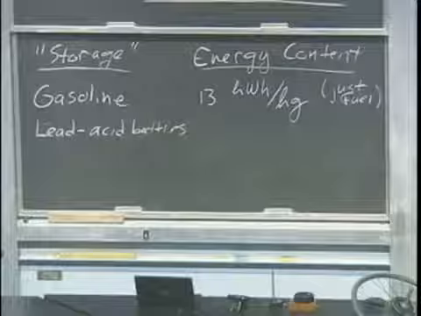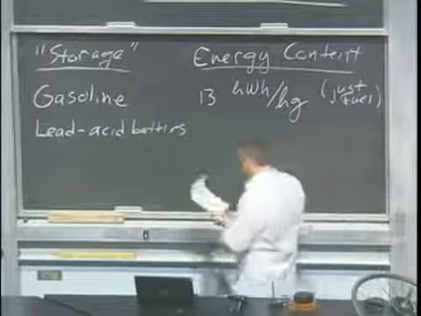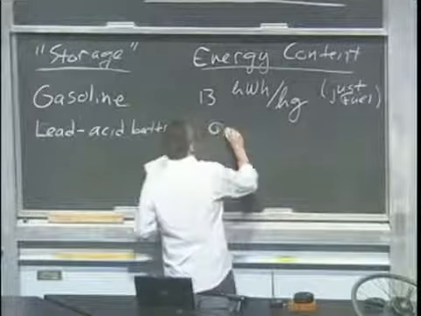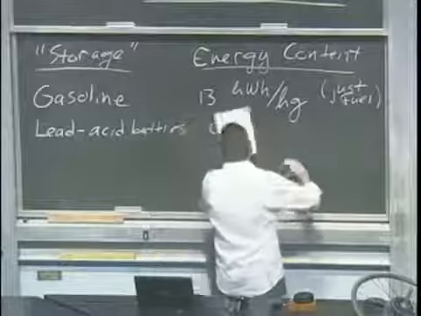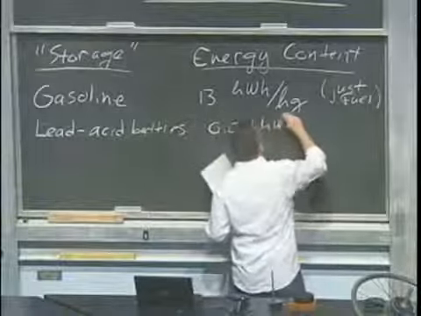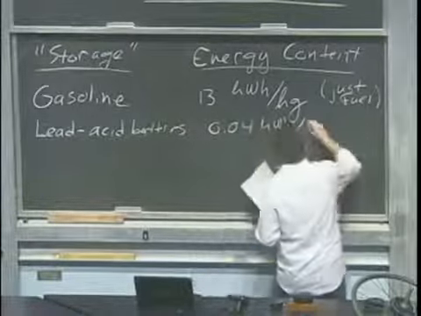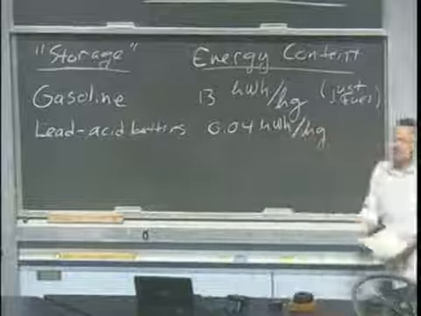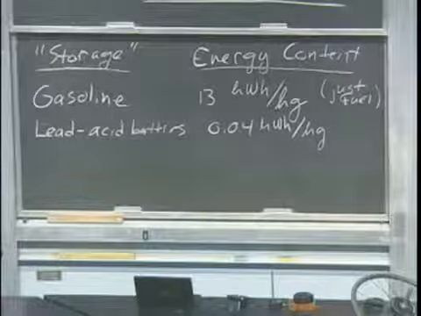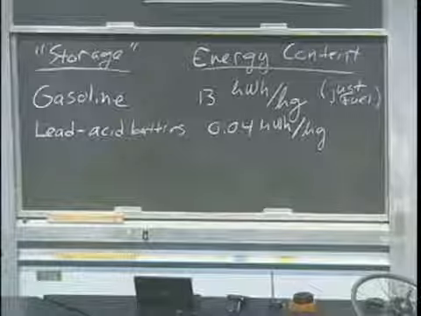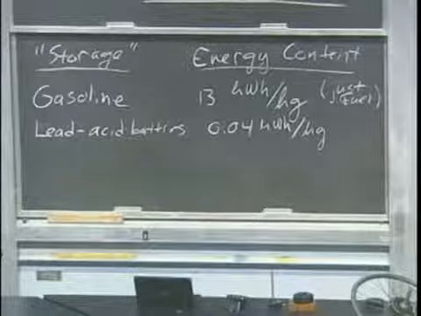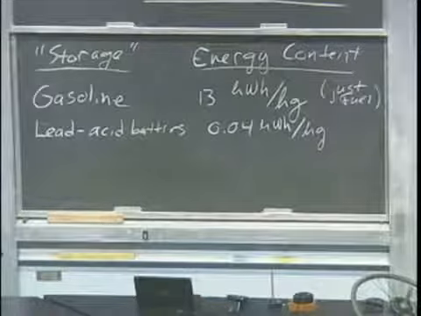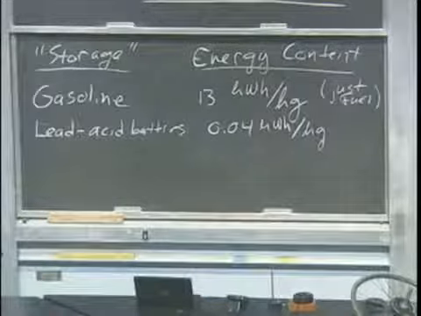By comparison, the amount of energy that you can store in a lead-acid battery is very small, about 0.04 kilowatt hours per kilogram. This is the main reason we don't have a lot of battery-powered cars around. Okay? It's because batteries don't store nearly as much energy as gasoline does by itself.